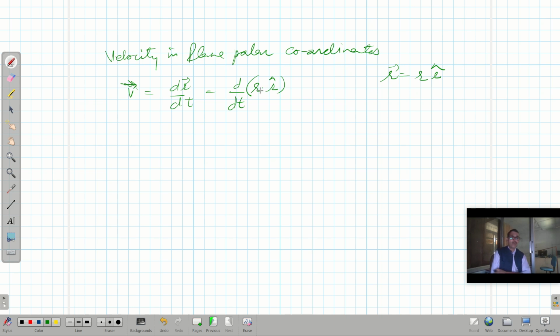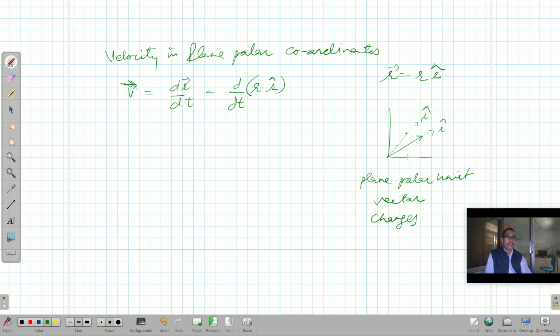So what is happening in plane polar coordinates? Our coordinate system is like this. The unit vector is along this direction, and when the point moves to another position, the unit vector becomes this. So unit vectors are changing. When an object moves over a plane, its plane polar unit vectors change direction.